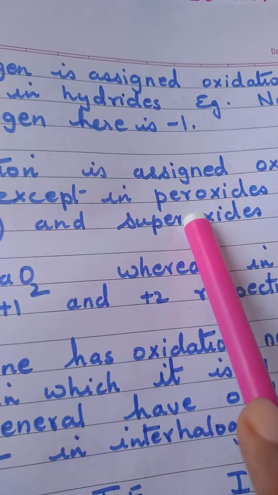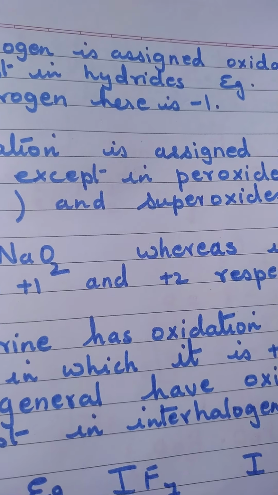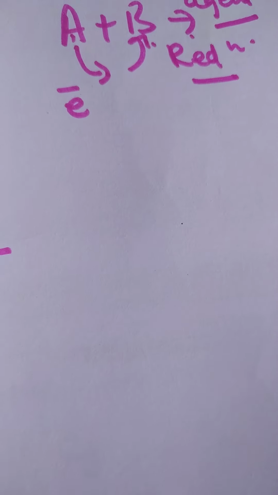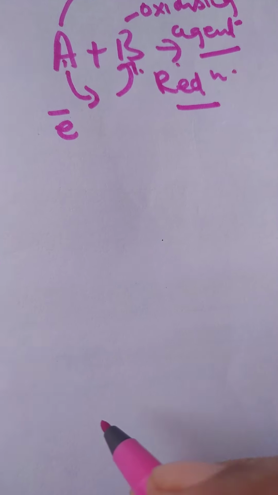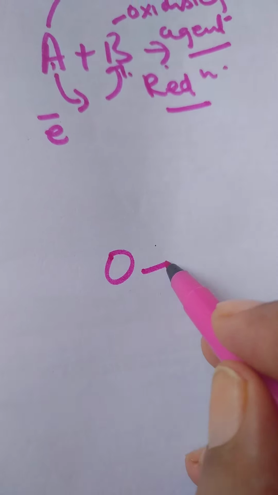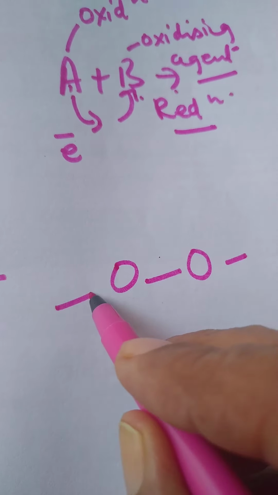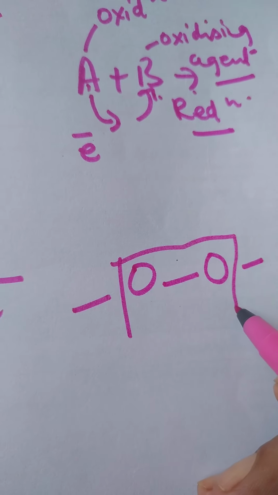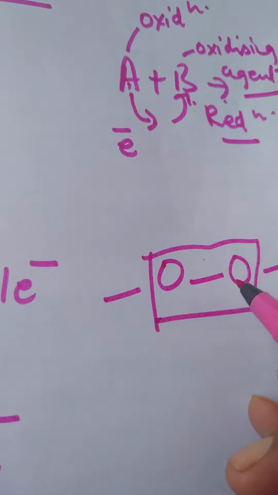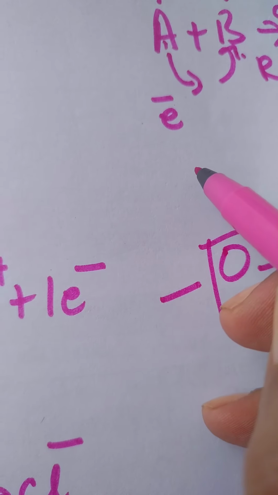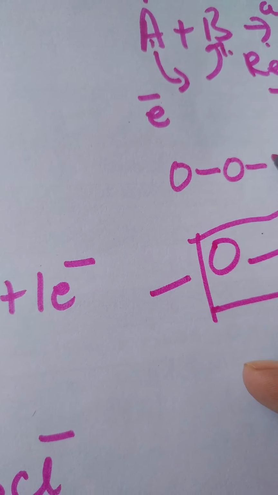Now what is peroxide? This you have to remember. A peroxide means any compound which has an oxygen to oxygen linkage. This oxygen to oxygen bond is known as peroxide linkage. For example, hydrogen peroxide, H2O2, is hydrogen, oxygen, oxygen, hydrogen.